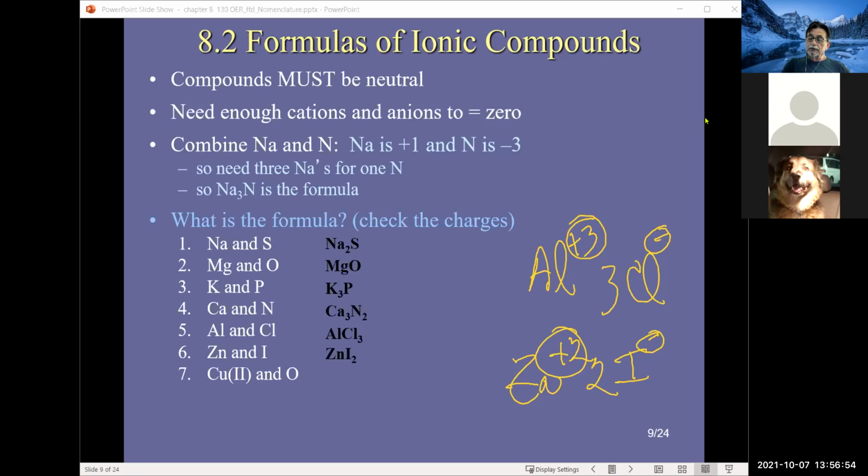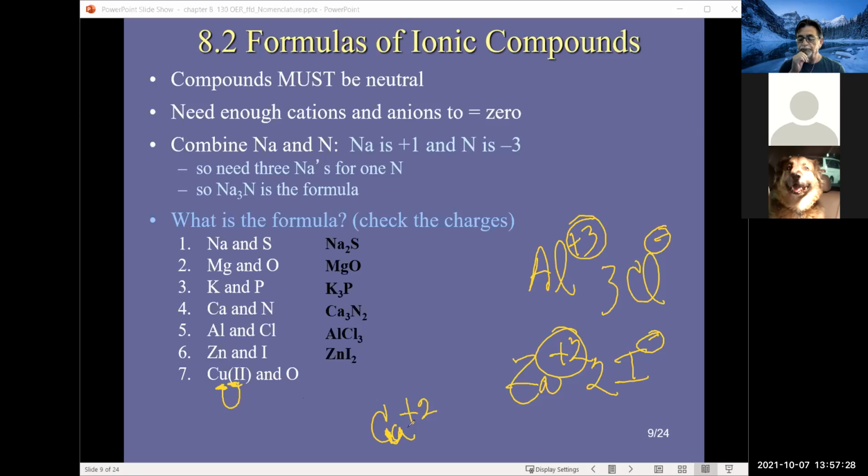Okay, now a little bit different here, but not to be concerned about that Roman numeral, because remember that Roman numeral is telling you, recognize that copper is not part of the 16, so it has a variable oxidation number. And here we have to tell you which one it is. So that Roman numeral tells you that you are working with copper +2, due to the Roman numeral.